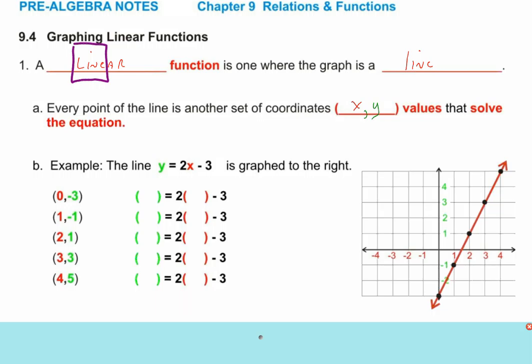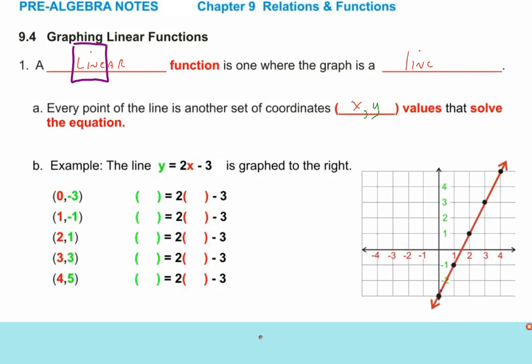If you look, I have a line graphed, and I'm only showing you 1, 2, 3, 4, 5 possible points. Before I do anything, I want you to understand that the line is made up of an infinite number of points. Don't do this in your notes because it'll make them look ugly.